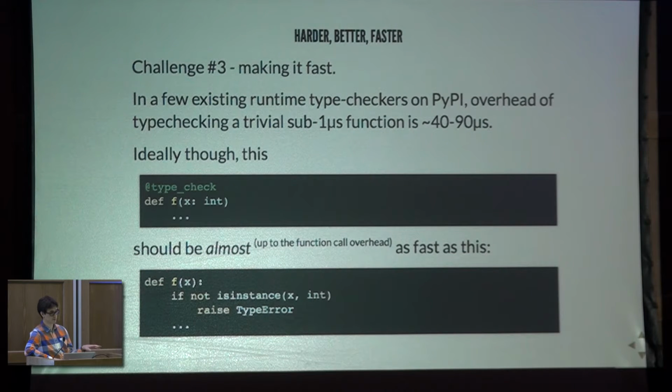I can do a lot of stuff in 40 microseconds. It's like an eternity. Ideally, these two snippets should be almost equivalent in runtime. If you want to check that x is an int, we should just check that it's an int, and that's it. Maybe call one or two functions, so an overhead of maybe two function calls at most.